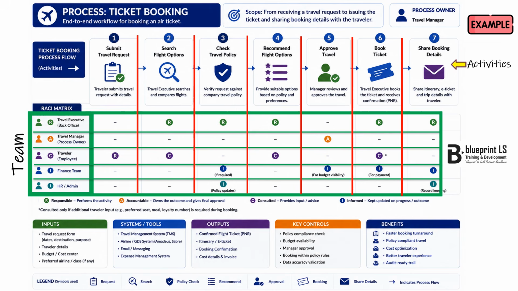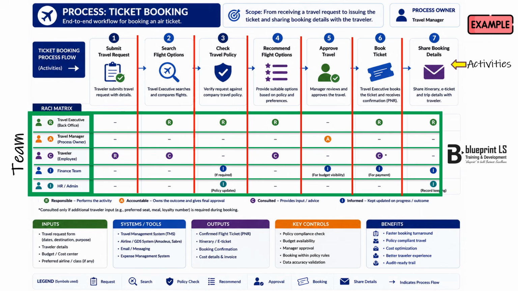As we walk through the activities, we can see that the travel executive is responsible for most operational work, including searching options, checking policy compliance, recommending flights, booking tickets, and communicating booking details. The travel manager is accountable for the approval decision, ensuring that there is always a single point of ownership for the outcome.